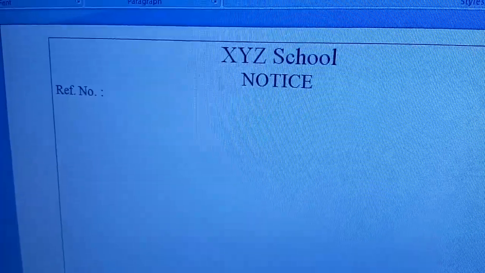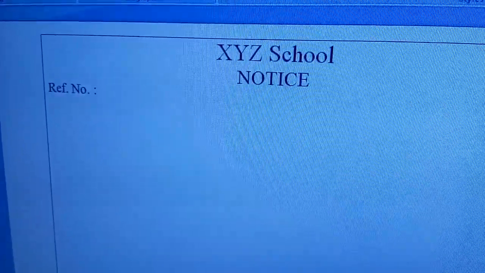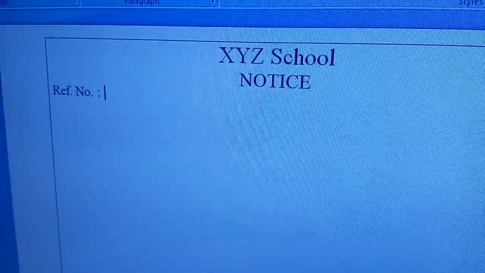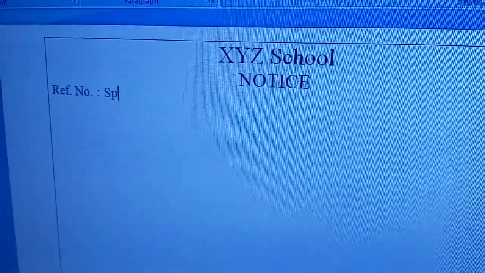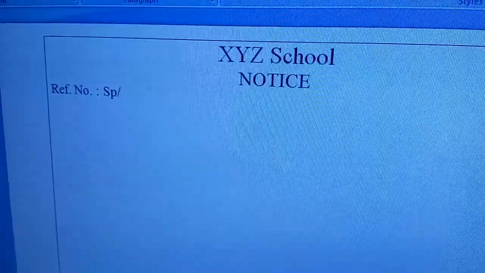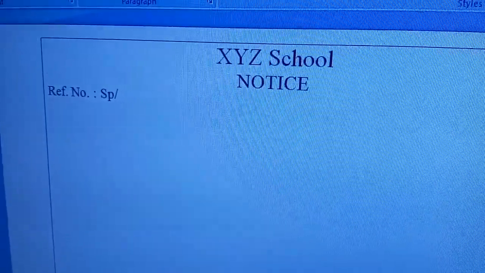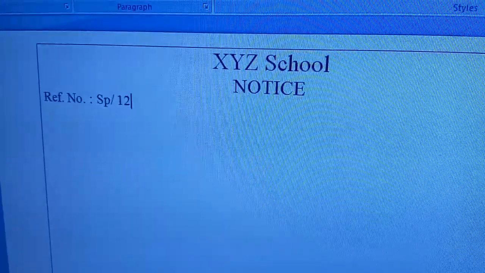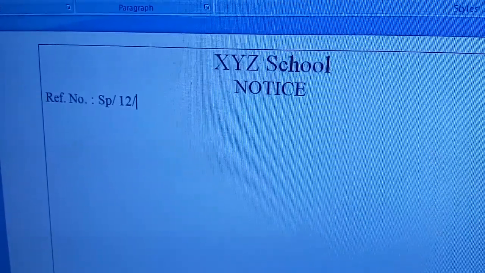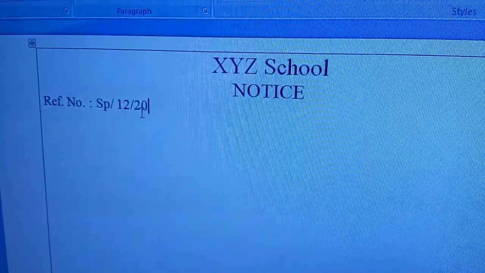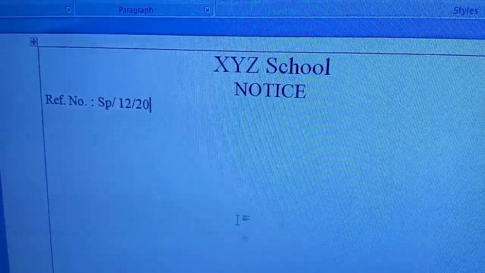If it is cultural activities, you may write this way, CUL. If it is a sport event, you may write SP, hash, oblique, then the number of the notice, that is 12, again slash the number of the year, 2020, and that's why here 20.